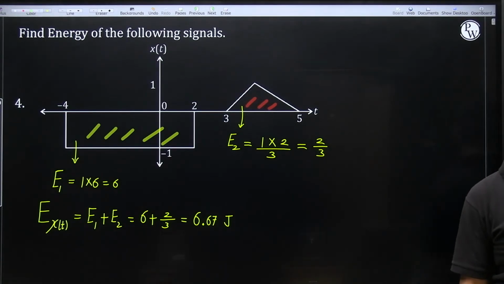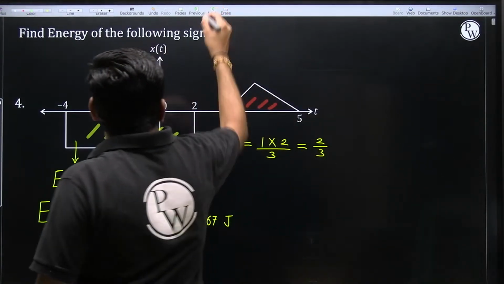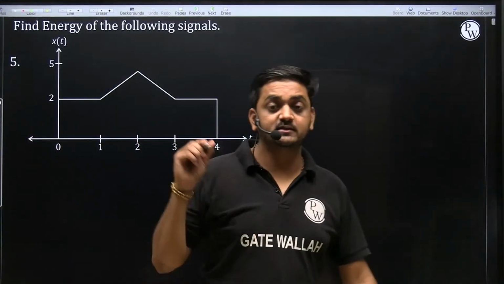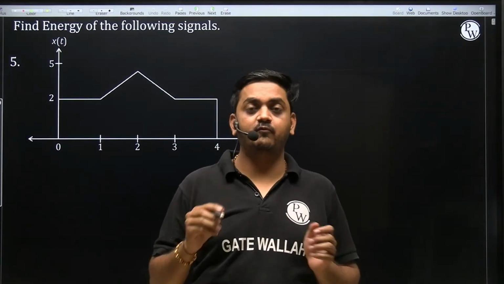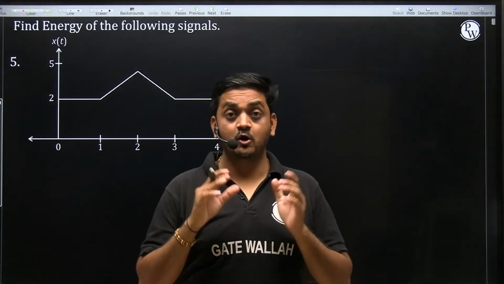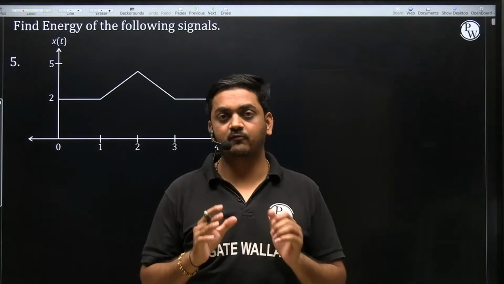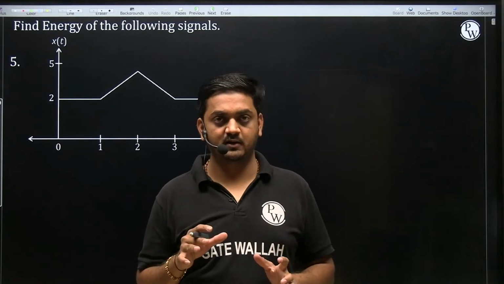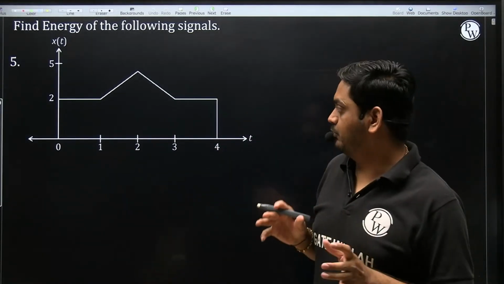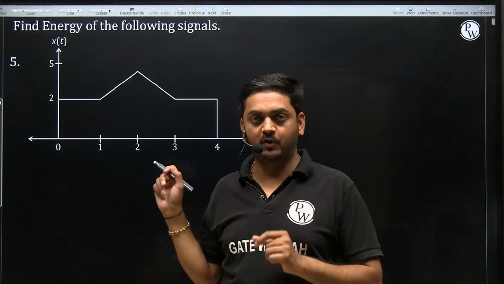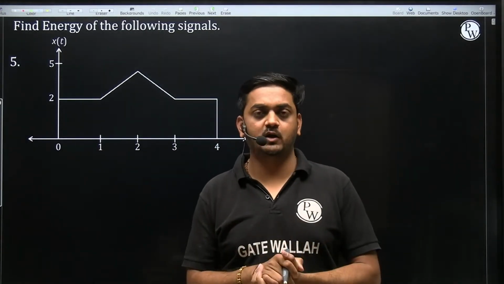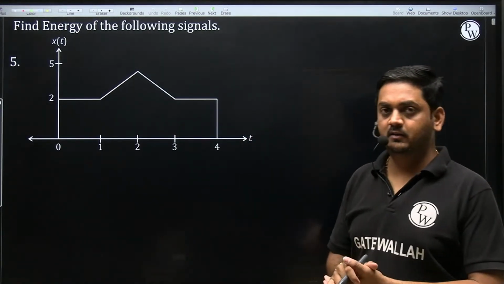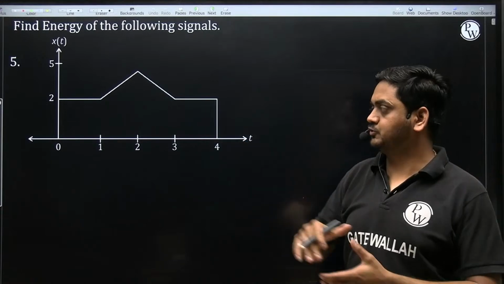Okay, 6.67 joule. Now next question. This is the rank deciding question, guys. 95% of students can get the wrong answer to this question. Only 5% of students. If your concept is very much clear, and if you apply my approach in the proper way, then you can get the correct answer whatever the difficulty level of the question. I already taught you the concept behind this question.